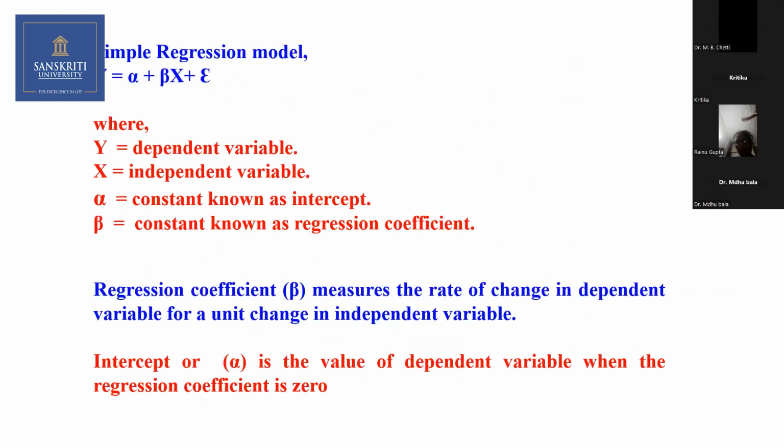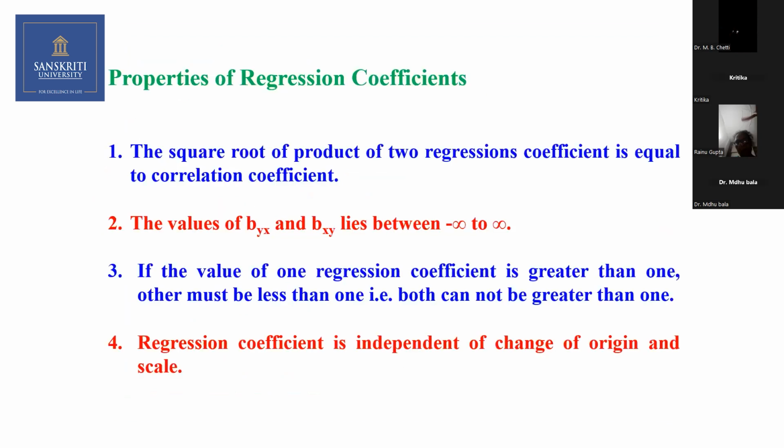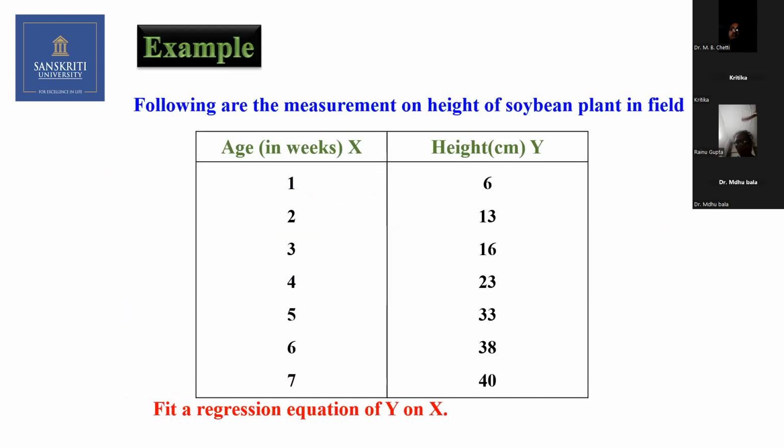I told you already the equation, y is a function of alpha plus beta x plus e, where y is a dependent variable which is dependent on the independent variable, alpha is a constant or intercept, and beta is the regression coefficient. Now we shall go for the formula. Again, covariance of xy divided by variance of x. And you can calculate a also by using this formula. The properties, you don't bother about the properties. I'll straight away go for one example.